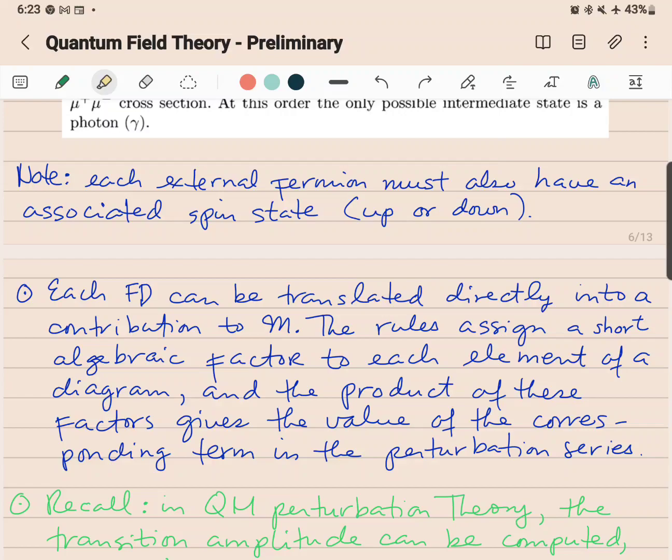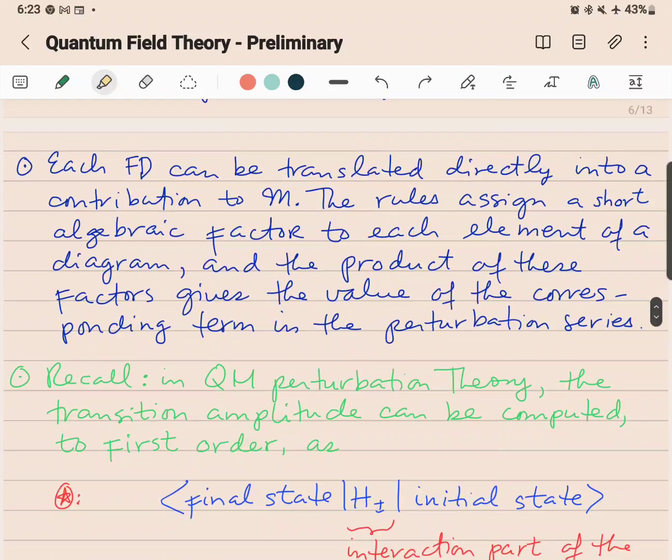So each Feynman diagram can be translated directly into a contribution to M. The rules assign a short algebraic factor to each element of a diagram, and a product of these factors gives the value of the corresponding term in the perturbation series. So the perturbation series contains Feynman diagrams with an increasing number of vertices.